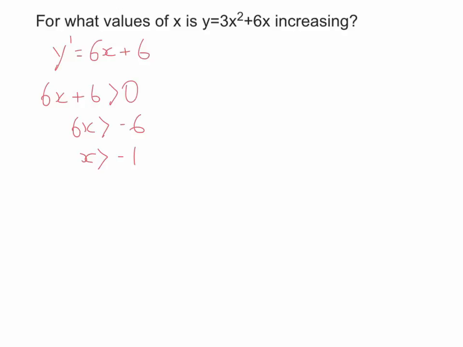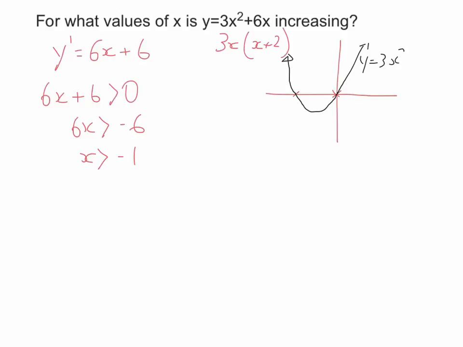Now we could draw a very quick sketch of this, and what would we have? Well, I can factor that. That's 3x outside of x plus 2. So now that's got roots at 0 and negative 2. Okay, and that's my parabola. Now that's the graph y equals 3x squared plus 6x.